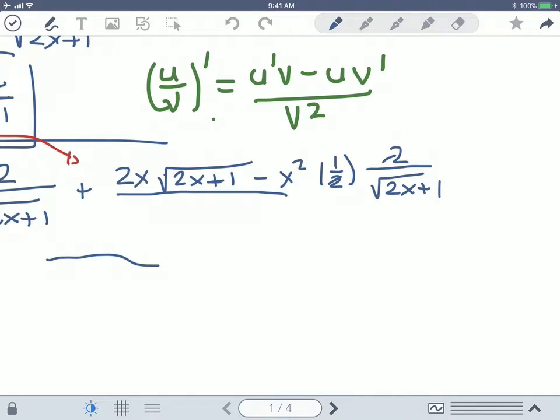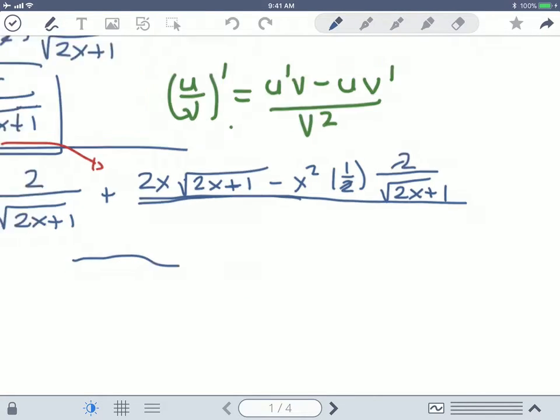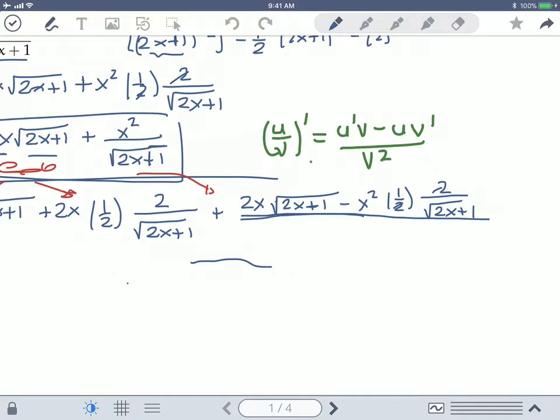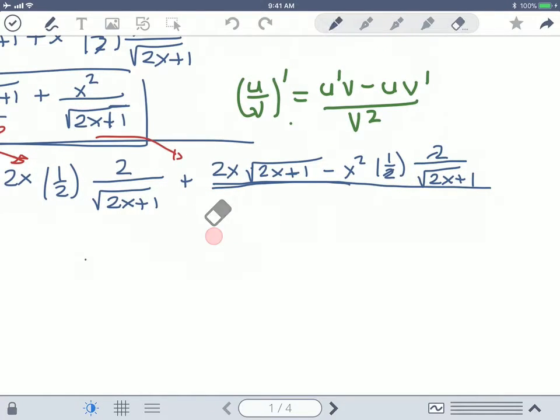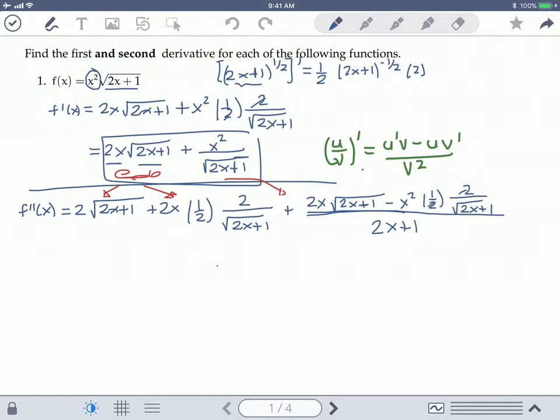But all that has to be divided by the denominator squared, which, since I have 2x plus 1 inside our root, when I square it, just becomes 2x plus 1. So I can erase this guy. This just becomes 2x plus 1. Okay, so this is it. This is the second derivative. If we stop here, we're kind of okay.